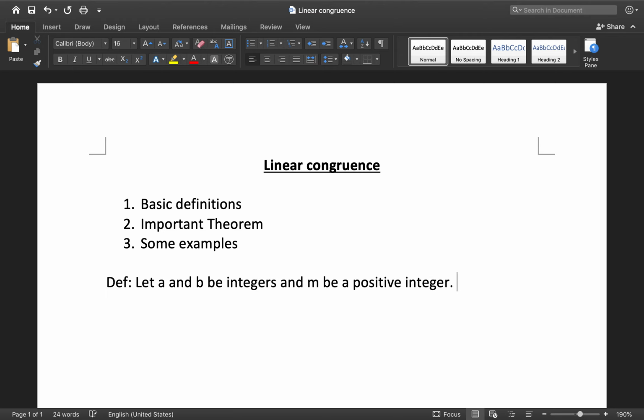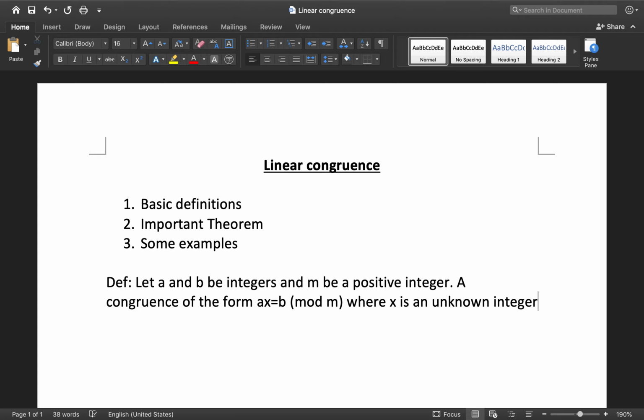Okay, so we say a congruence, or you just simply say linear congruence, a congruence of the form ax congruent to b modulo m, where x is an unknown integer. Okay, so not just an unknown, we have to require x to be an integer.